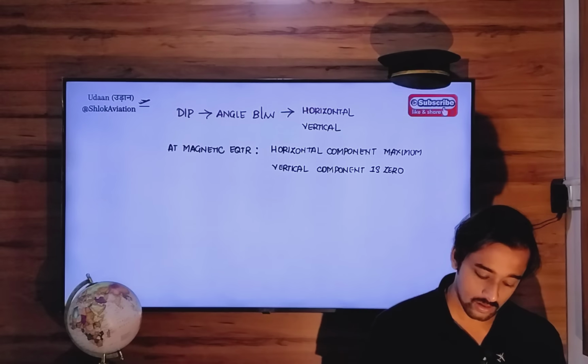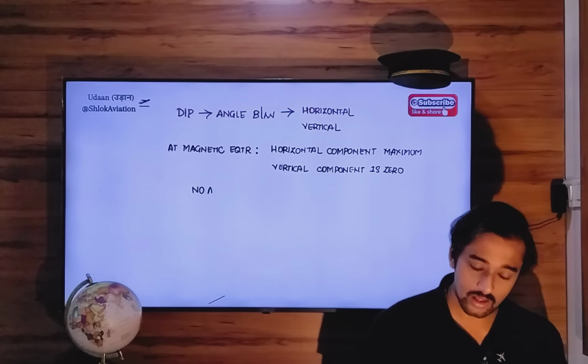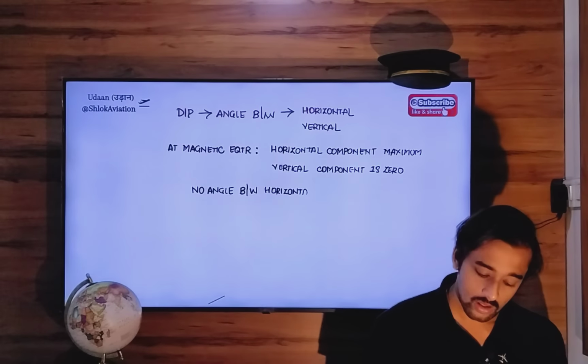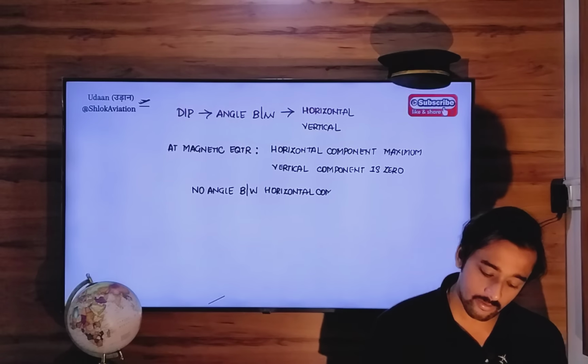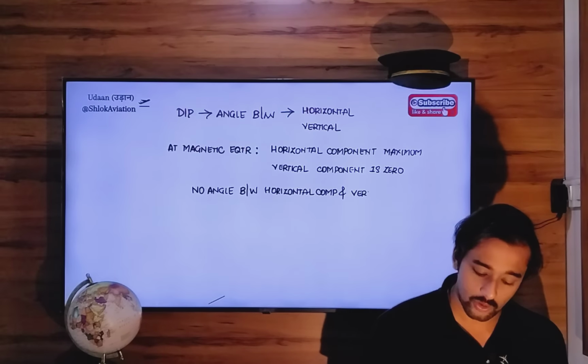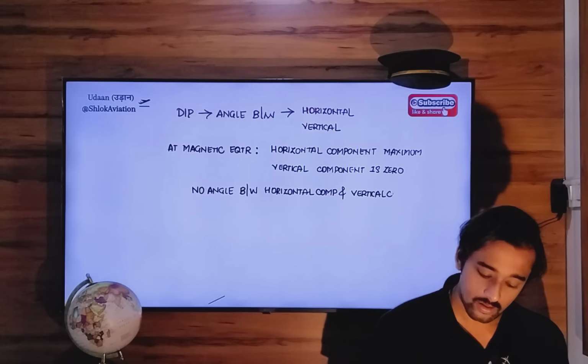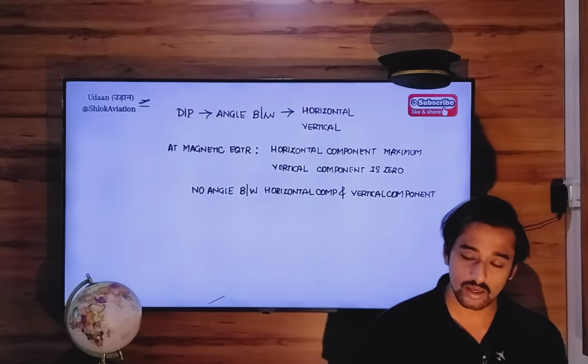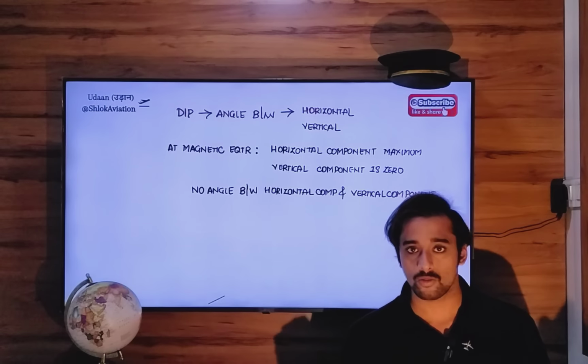Therefore, there is no angle, or 0 degree angle, between the horizontal component of the Earth magnetic field and the vertical component. Opposite is the case at either the North Pole or South Pole.